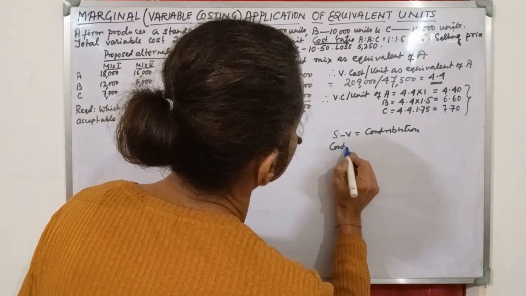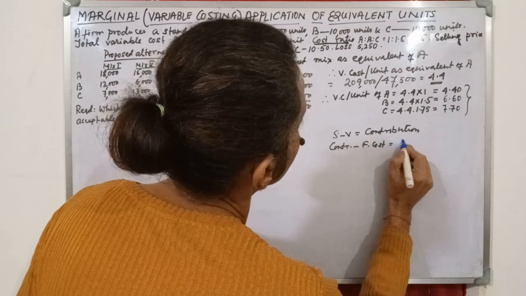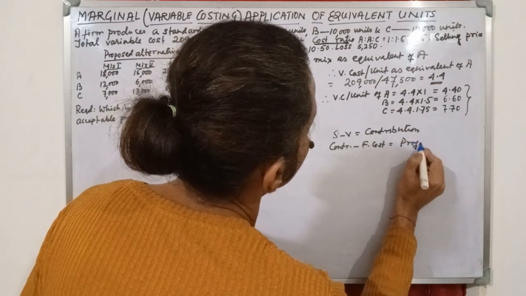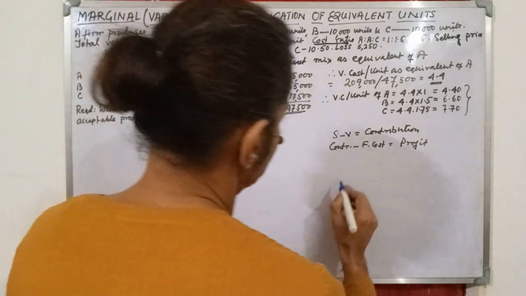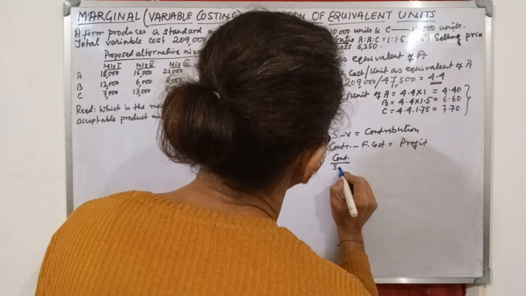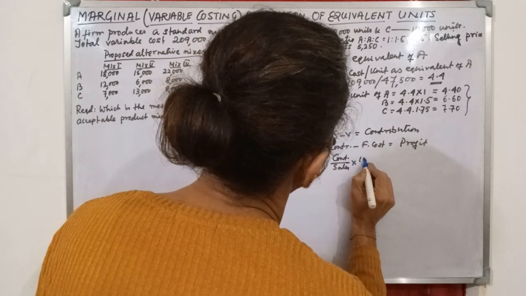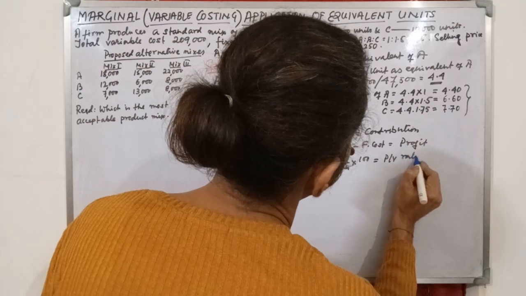Contribution minus fixed cost is equal to profit. Contribution by sales into 100 is equal to PV ratio, that is profit volume ratio.